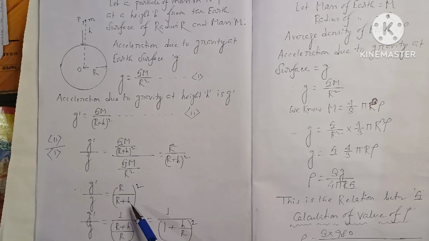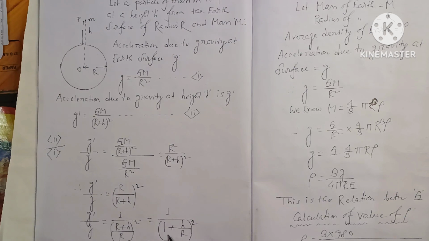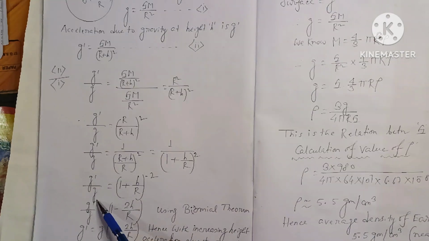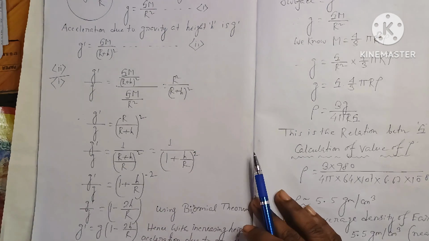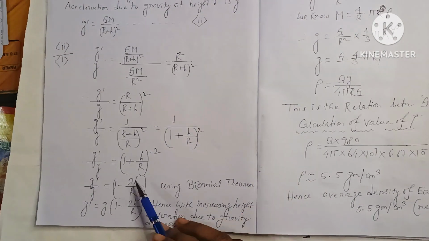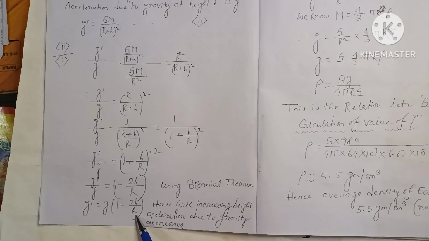So dividing by r, we can write 1 by (1 plus h by r) whole square, that is g dash by g equals (1 plus h by r) to the power minus 2. Expanding with the help of the binomial theorem, we can write g dash equals g (1 minus 2h by r).